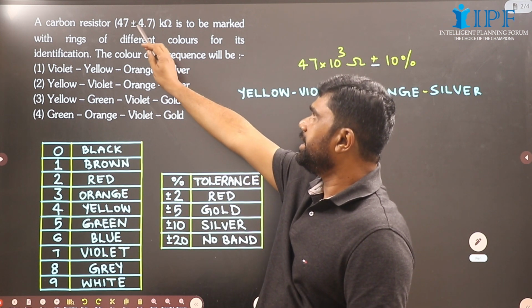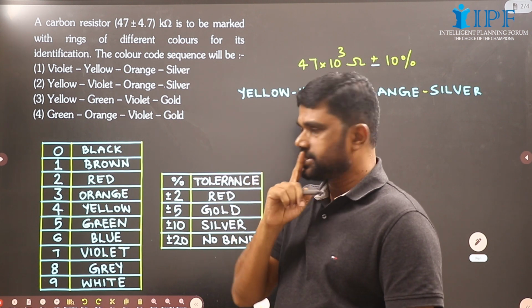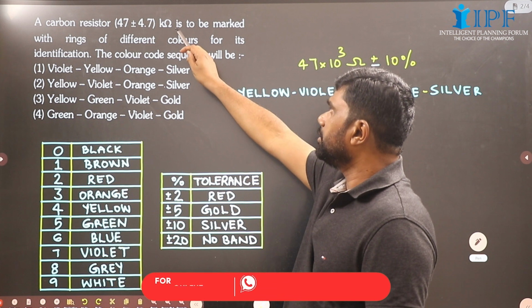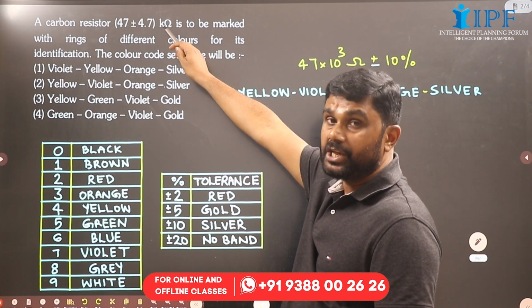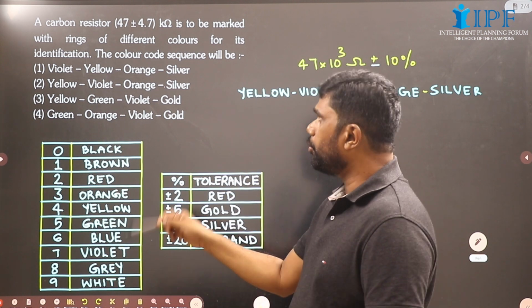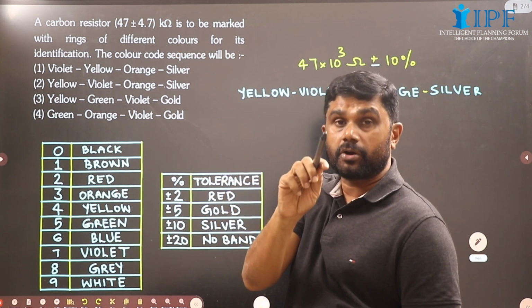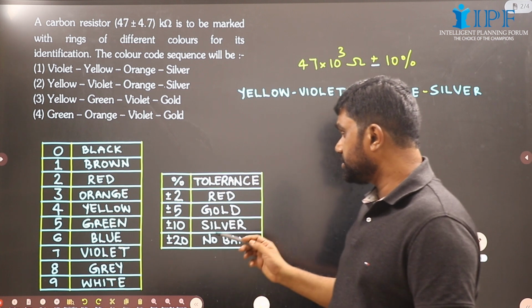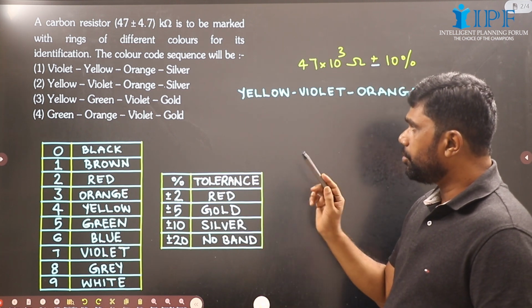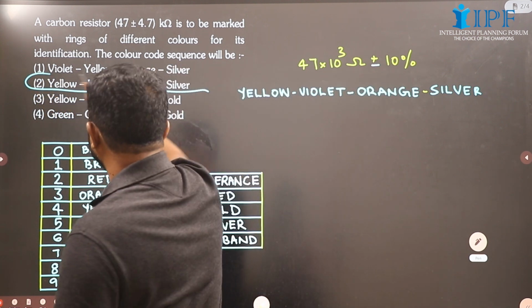So yellow, violet. Then the power, 10 kilo ohm means 10 raised to 3, that is orange. And the percentage tolerance is 10%, that is given by silver. So yellow, violet, orange and silver, the color code must be like this.